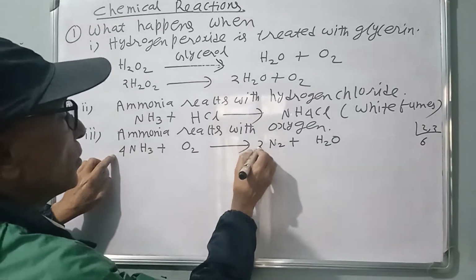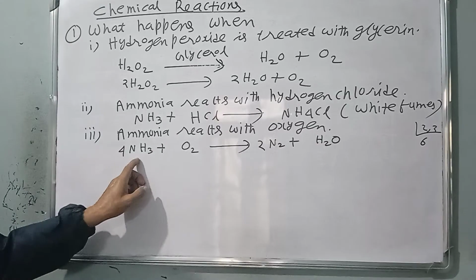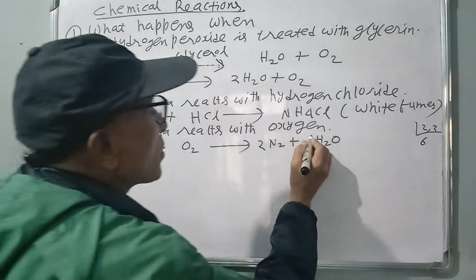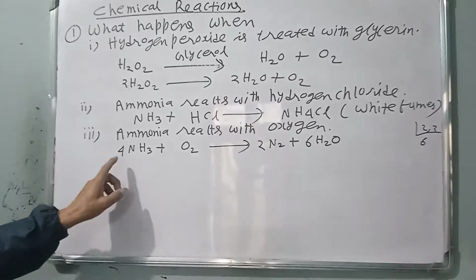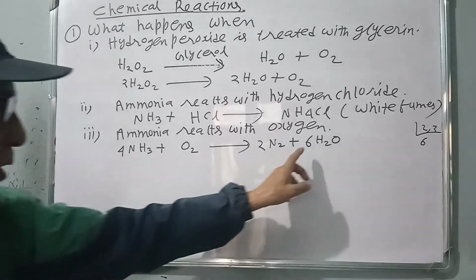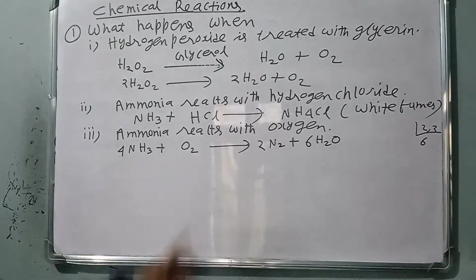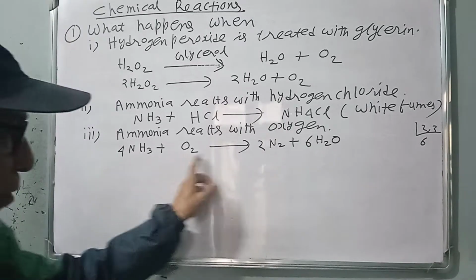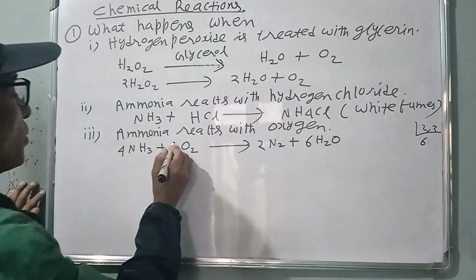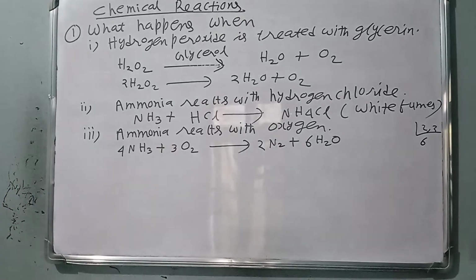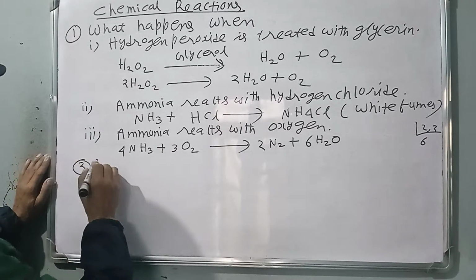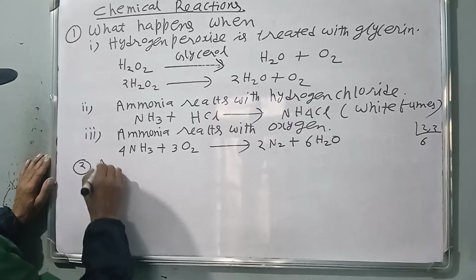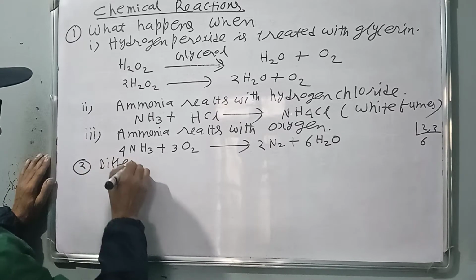Then 4 3s are 12 hydrogen, 6 2s are 12 hydrogens. 4 nitrogen. Oxygen, 3 2s are 6. Oxygen is balanced.